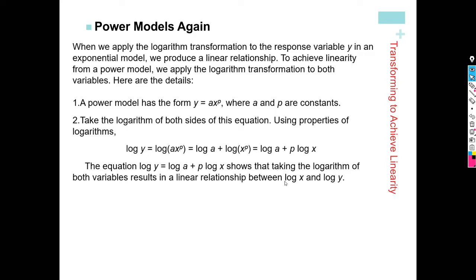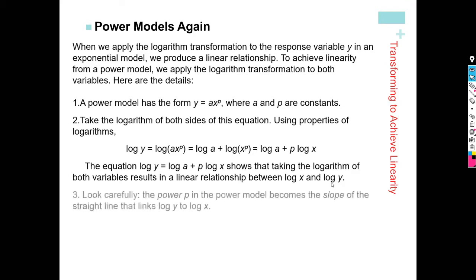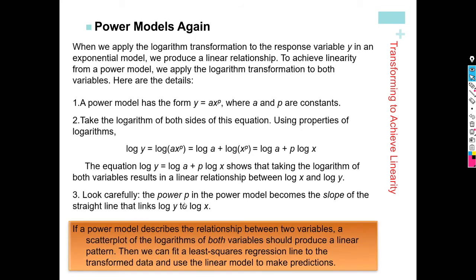And now I'm graphing log of x on the x-axis and log of y on the y-axis. And so the power that's in the exponent becomes the slope of the regression line for log of y versus log of x.